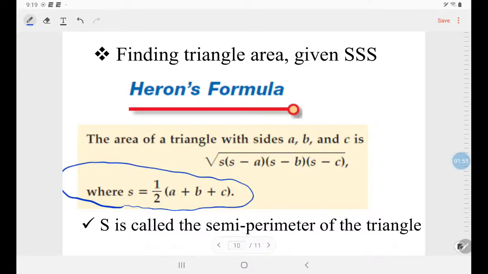Once you find the semi-perimeter, you can find the area by taking the square root of the semi-perimeter times the semi-perimeter minus one of the sides times semi-perimeter minus another side times the semi-perimeter minus the third side.